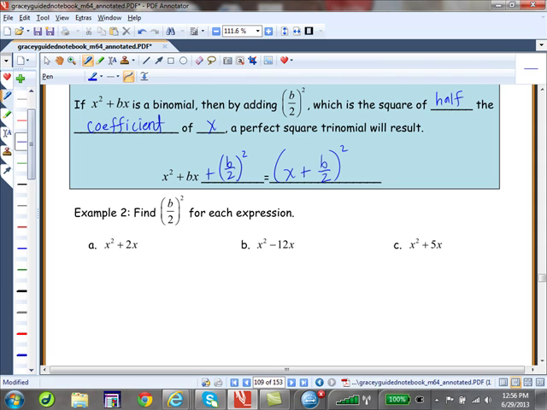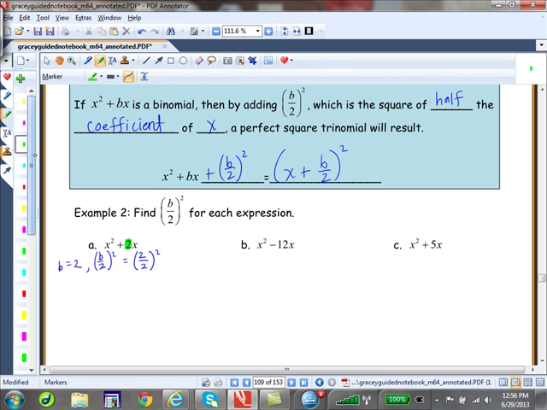So here we go. In this case, do you guys see that the b is 2? So b is 2, which gives us b over 2 squared is going to be 2 over 2 squared.